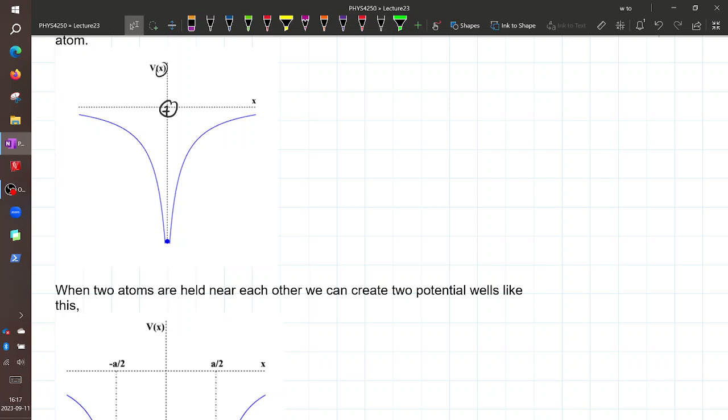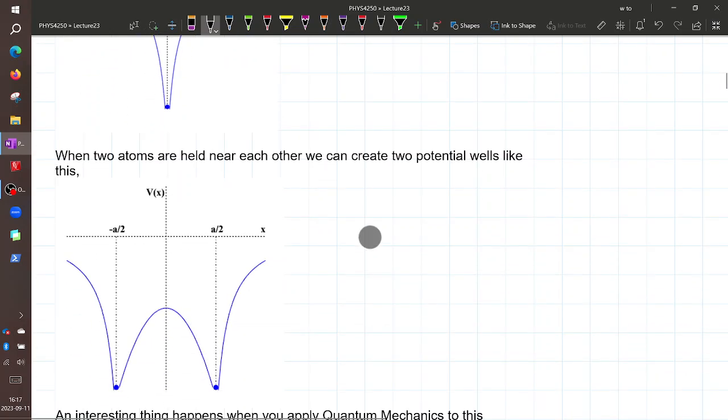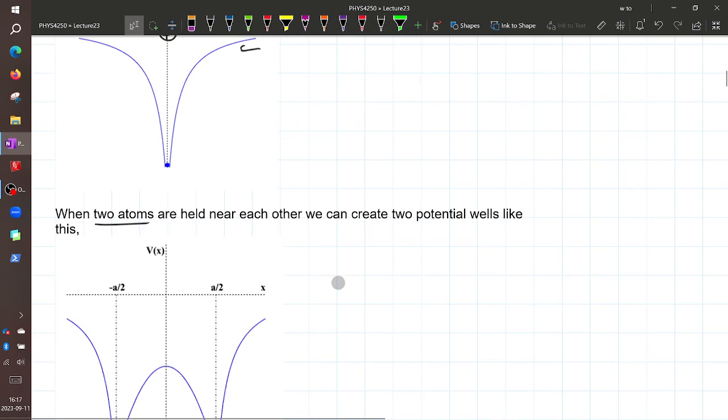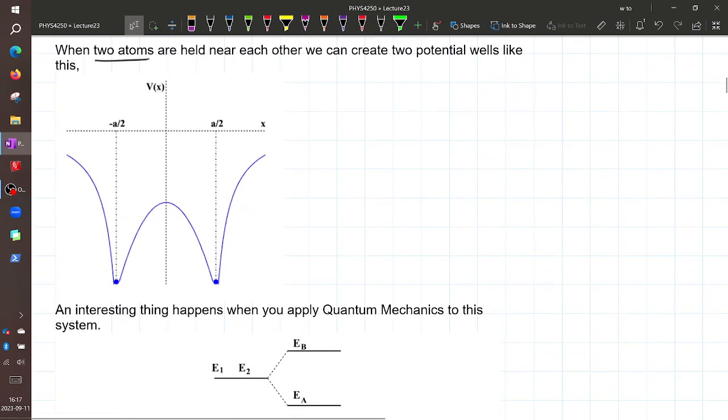Okay? All right. So that's stuff that we've probably seen in General Physics 1. But now if we have two atoms next to each other, what happens? I take one atom from up here, I take one atom from up here, put them next to each other. How does the potential energy of the electrons around them get affected? So you basically kind of stitch two of these wells together, and now the well looks like this.